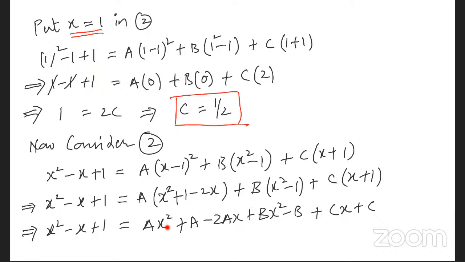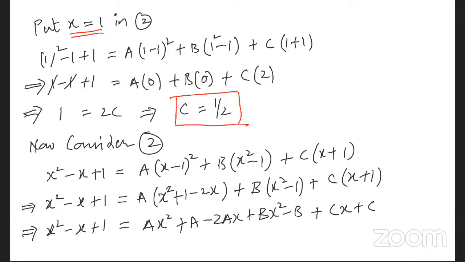Taking x square common, you'll get a plus b, and then the x terms, and then the constant. We'll rearrange this again. So x square minus x plus 1 can be written as a plus b into x square.